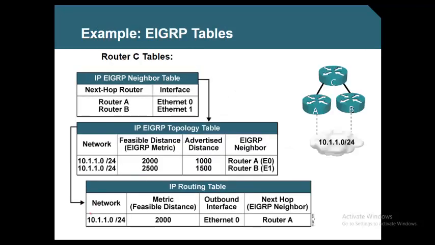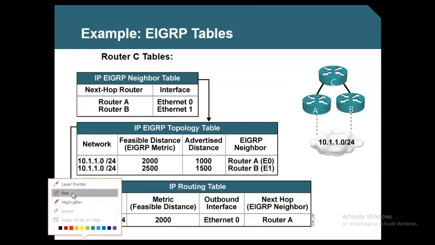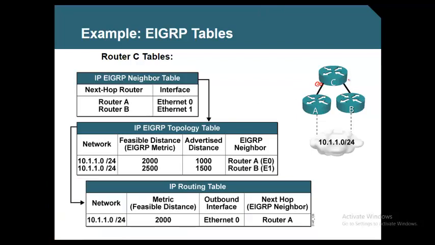Now, go through this picture and the table. Can you explain? Take your time. There are three routers, A, B, and C. A is connected over E0, I mean X0, of C, and B is connected over X1 of C. A is advertising to C about the destination 10.1.1.0 network, saying that its advertised distance is 1000.